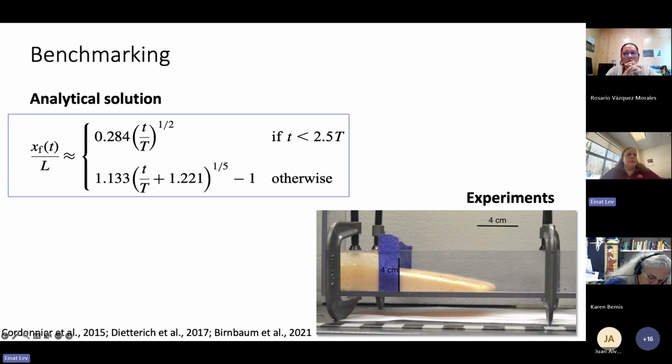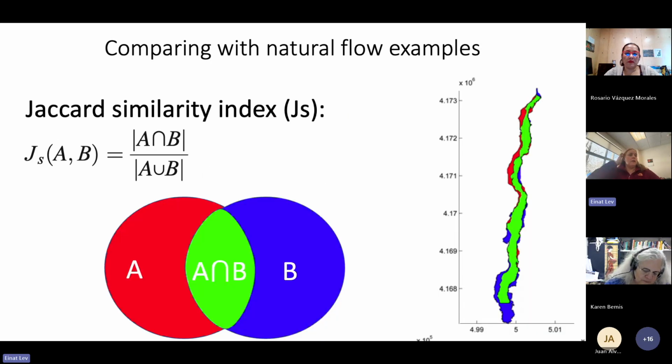Here, for example, is an analytical solution for a dam break, or an experimental solution for a dam break. So if you put a dam break simulation case in your model, you want it to fit these known solutions. If you look at a known field case, then you would want to compare the quality of the fit to the footprint.